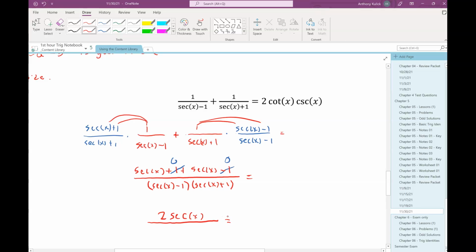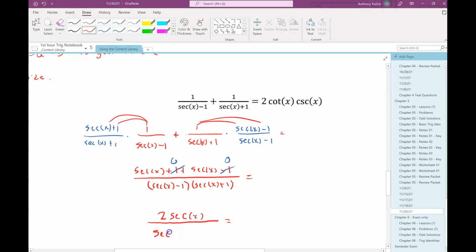And then the denominator, I would FOIL this out. Now, personally, I'm going to notice that this is a difference of 2 squares. I have like a plus b times a minus b. So I'm going to just use the shortcut and just say that's a squared minus b squared.